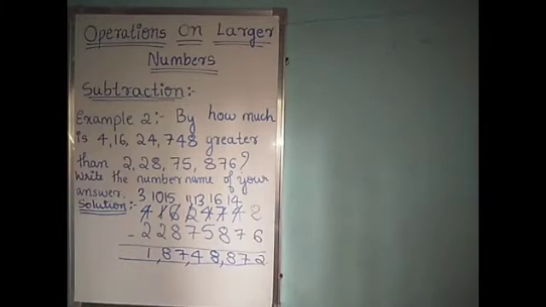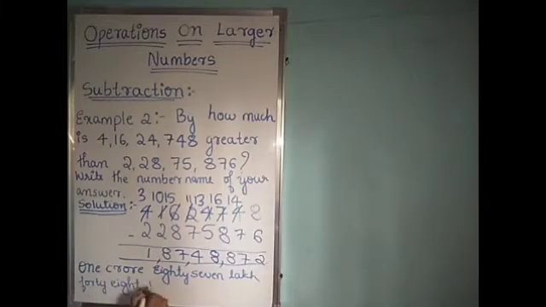Next we have to write number name of this answer. So 1 crore 87 lakh 48,000 800 872.